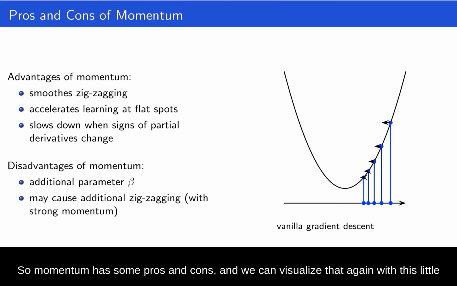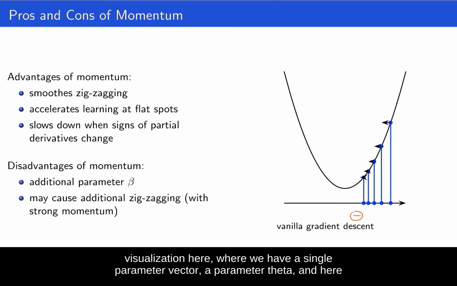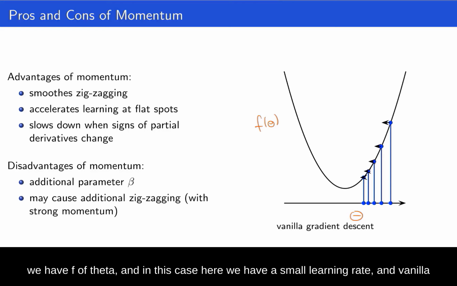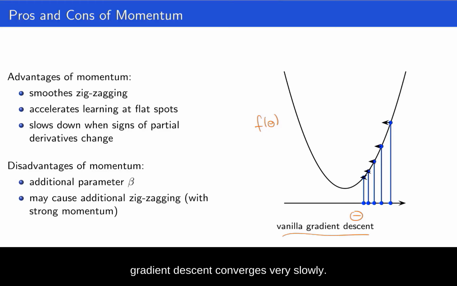So momentum has some pros and cons, and we can visualize that again with this little visualization, where we have a single parameter theta, and here we have f of theta. In this case we have a small learning rate and vanilla gradient descent converges very slowly.